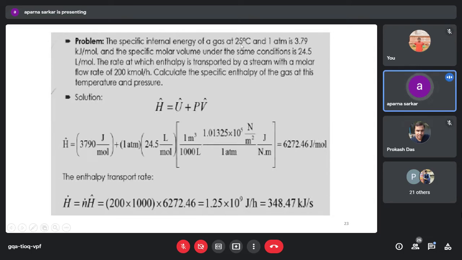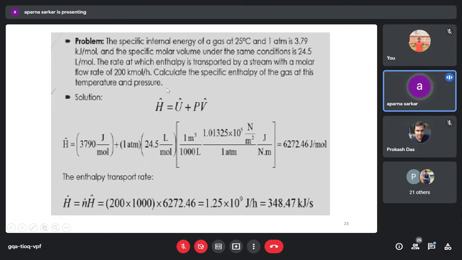Temperature is 25 degrees centigrade, and pressure is 1 atm. Now the specific molar volume under the same condition is 24.5, so V bar is given. Calculate the rate at which enthalpy is transported by a stream with a molar flow rate of 200 kilomole per hour, and calculate the specific enthalpy of the gas.